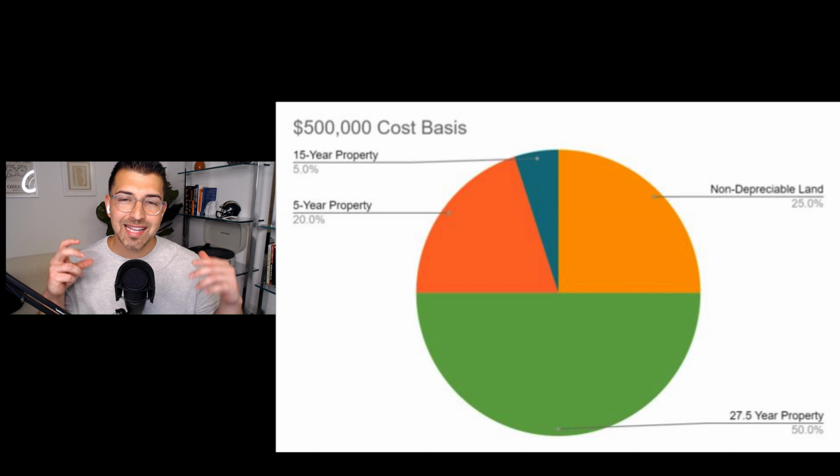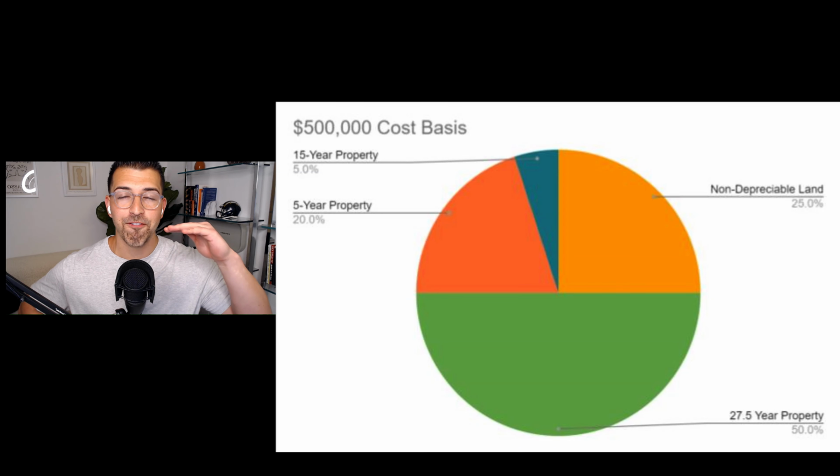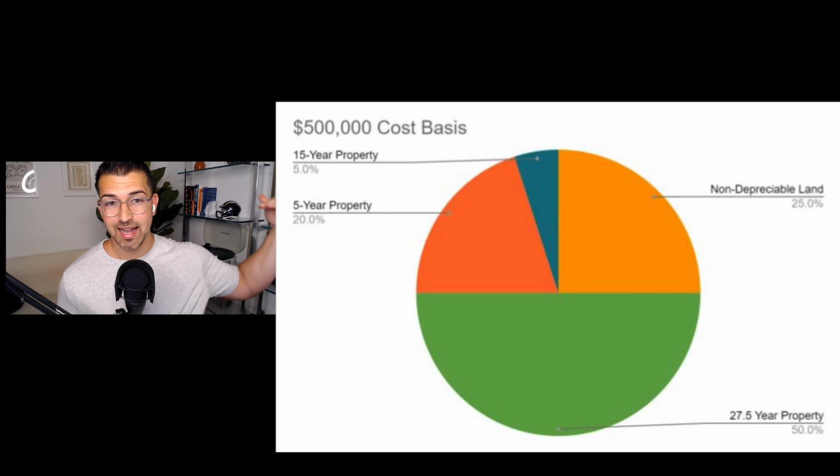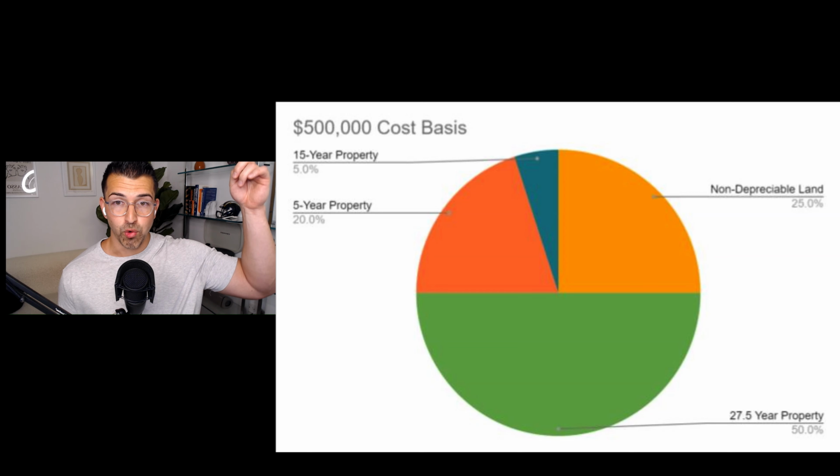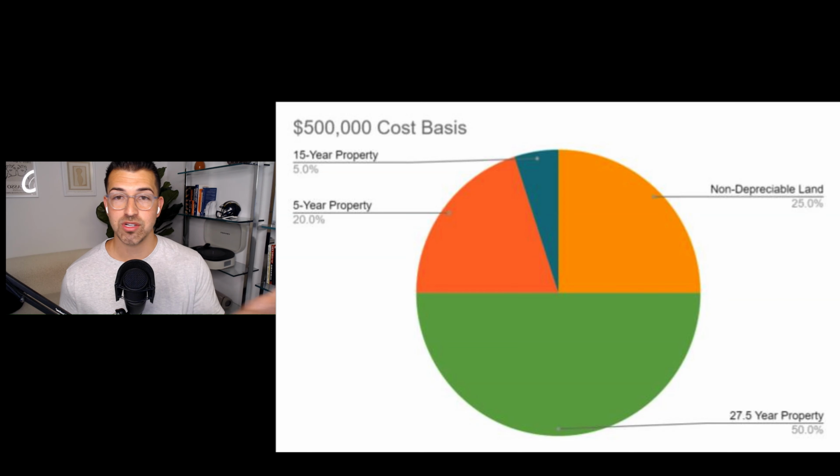And so the IRS allows you to classify different components of the property with either a 5-year, 7-year, 15-year, or 27.5-year classification for a residential property. And the reason why they allow these different classifications is they understand that not everything is going to depreciate on a 27.5-year linear basis. So for example, maybe the roof, the walls, the foundation of the house itself, that will depreciate over a 27.5-year basis, right?